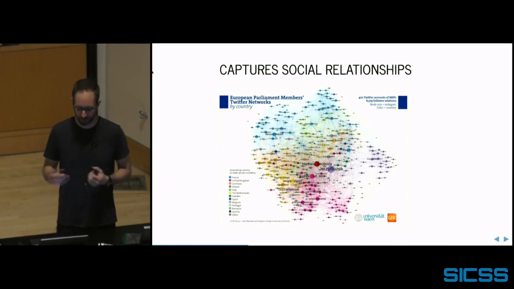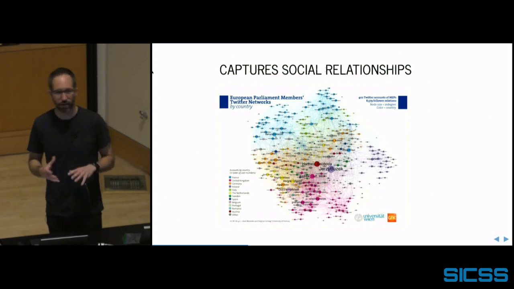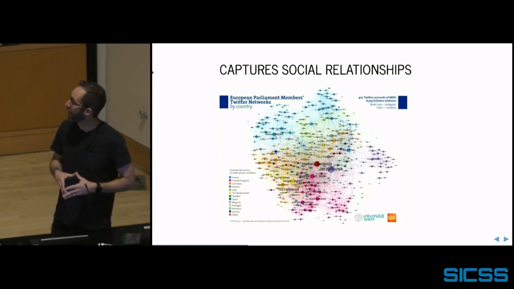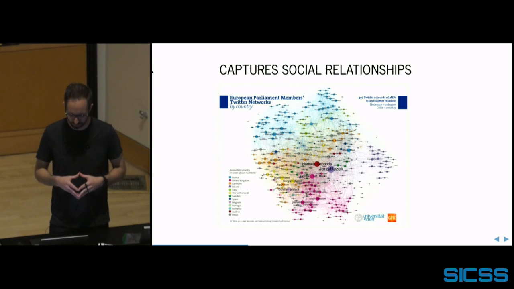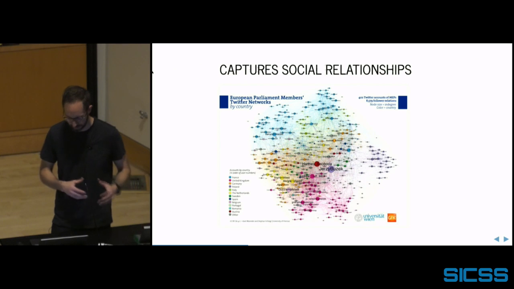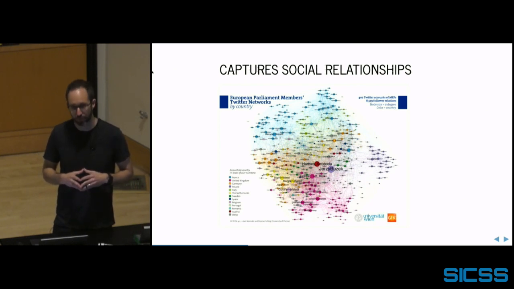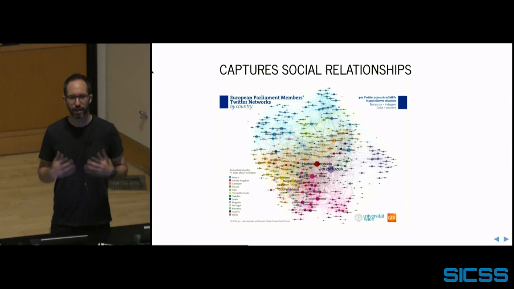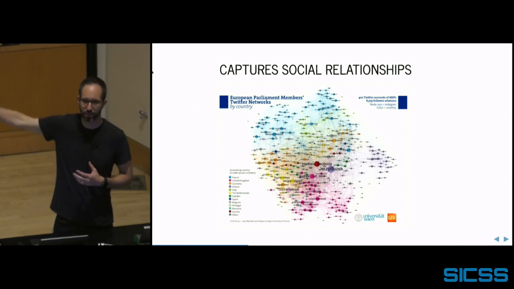And so when digital trace data first came online, many people were very excited about capturing social relationships. And of course, this is one of the ubiquitous network plots of Twitter data. This here is from the European Parliament, a fascinating organization that it is. We now see many of these all over the place, and I think the golden age of the Twitter network plot is dying, meaning that now reviewers and wise social scientists know that the people behind these relationships aren't necessarily best friends.